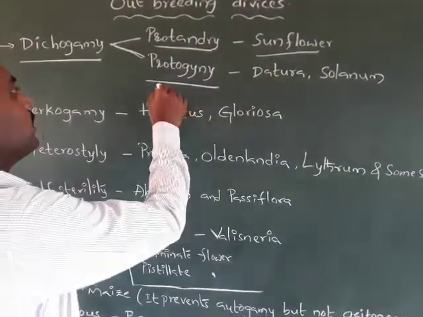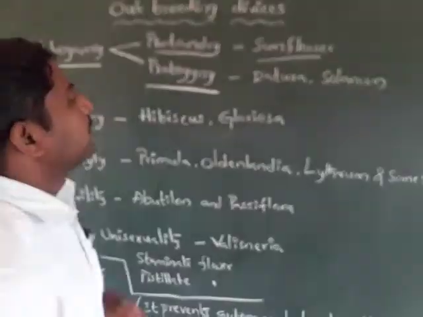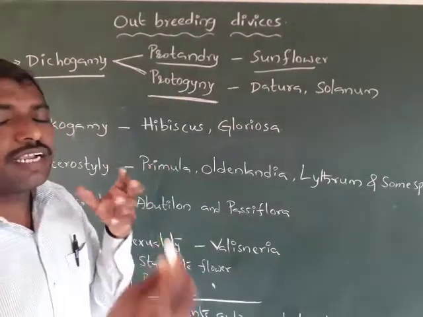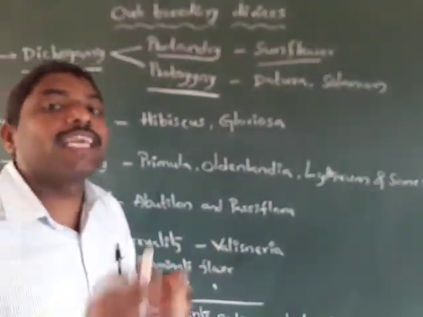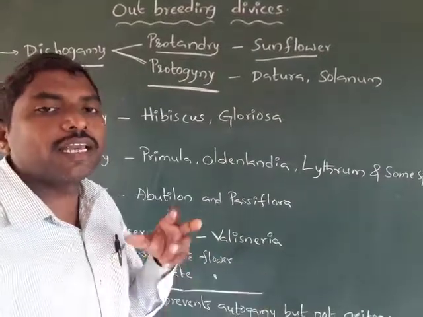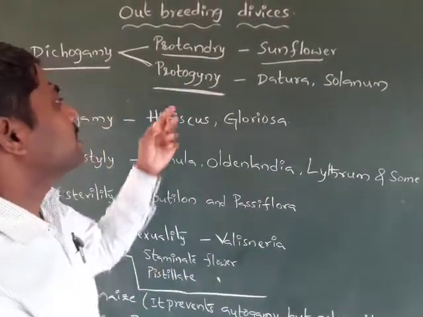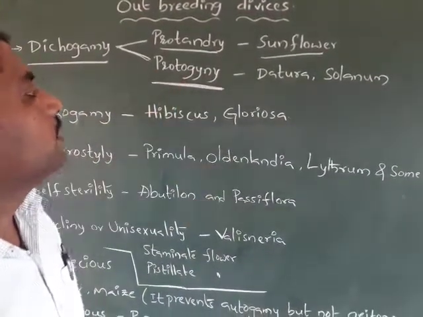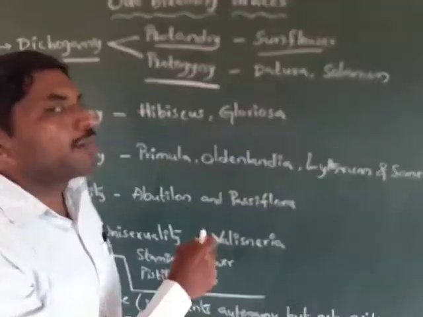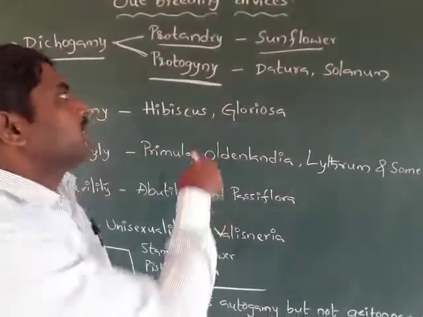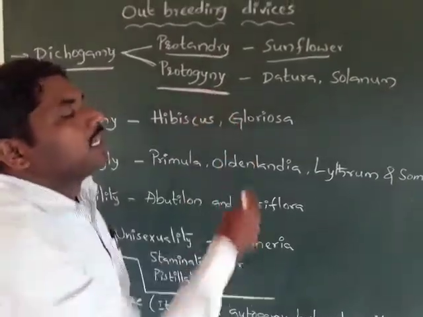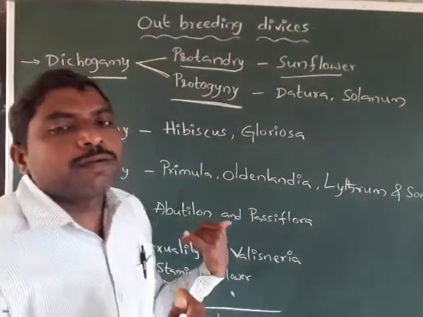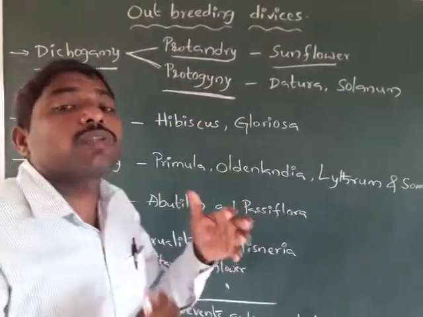And the next one is protogyny. Here the gynoecium matures earlier than the androecium. That is called protogyny. Here the stamens are immature, which leads to cross pollination.